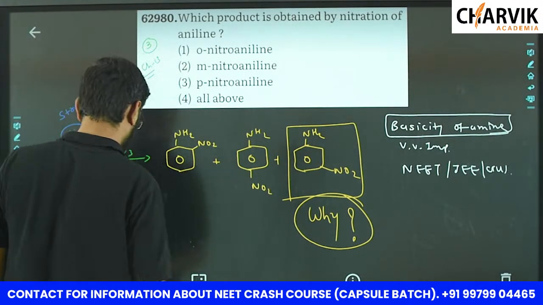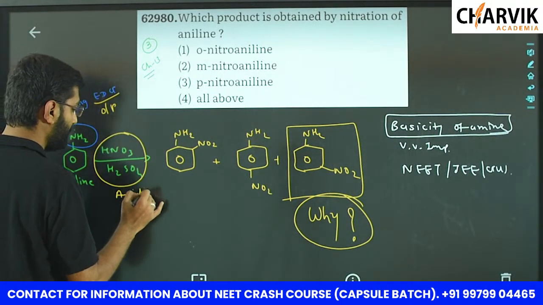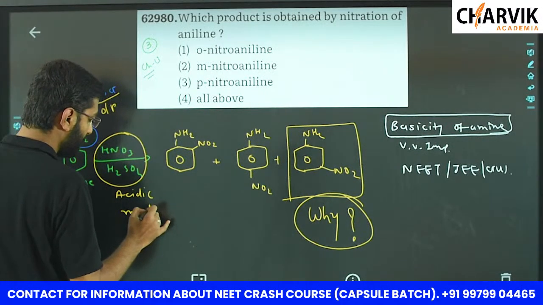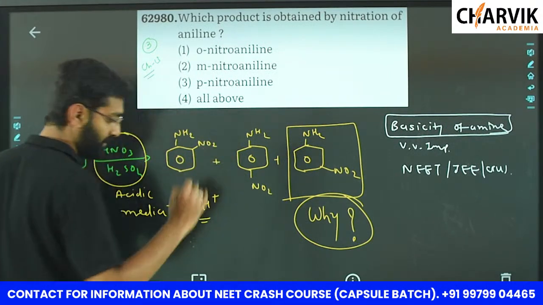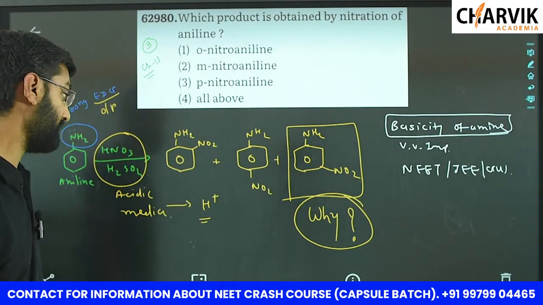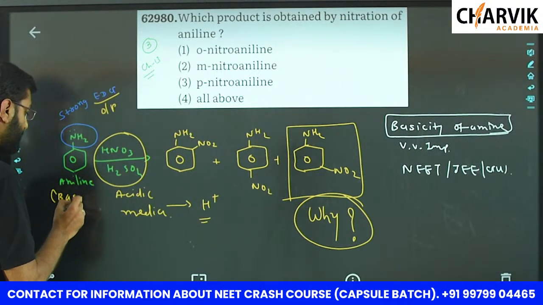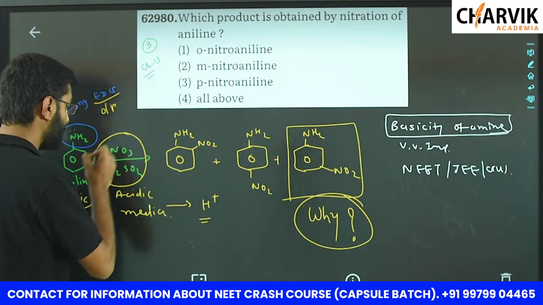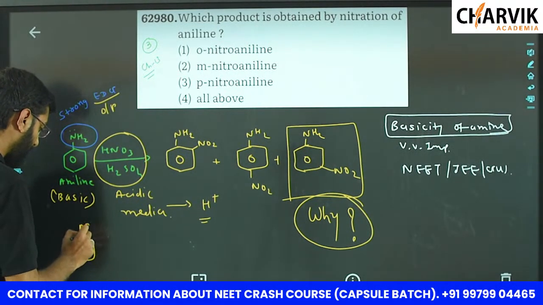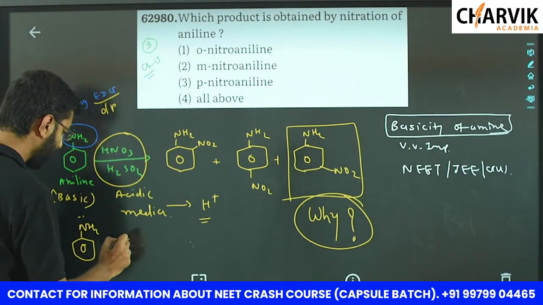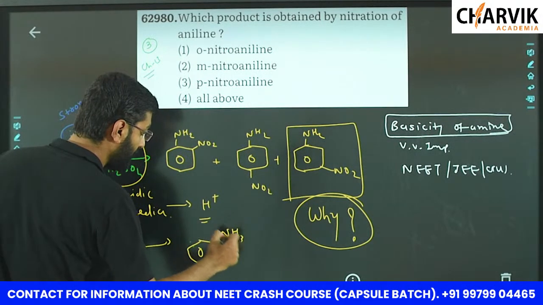Okay, here you can see clearly this is an acidic medium, and acidic medium provides us H plus. Aniline is basic in nature, so acidic medium and aniline react and you will get NH3 positive.